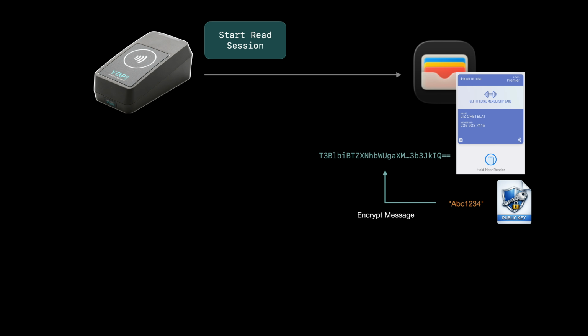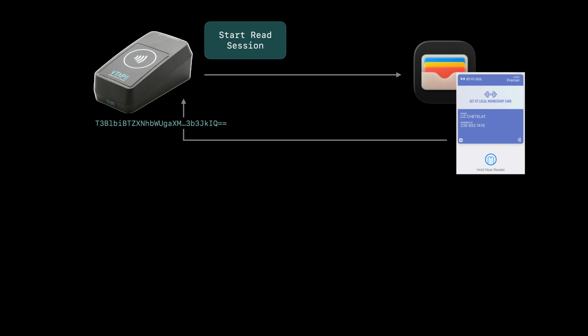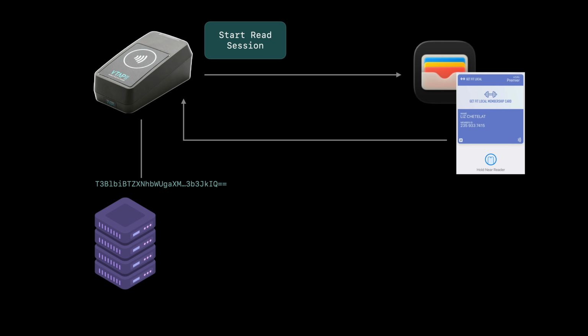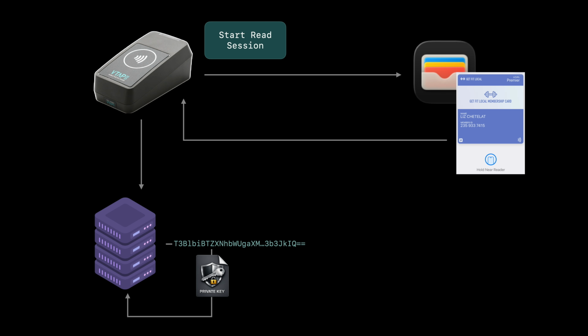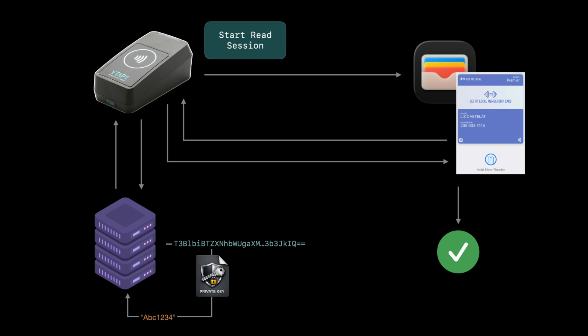Then, using NFC communication, that encrypted value will be received by the reader, which then will send a message to the reader server, and it will decrypt that message using the private key we provided before. Then, it will access the plain data, which the server uses to identify the right user. The reader server then sends a confirmation to the reader terminal, which confirms to the Apple Wallet, completing the communication.